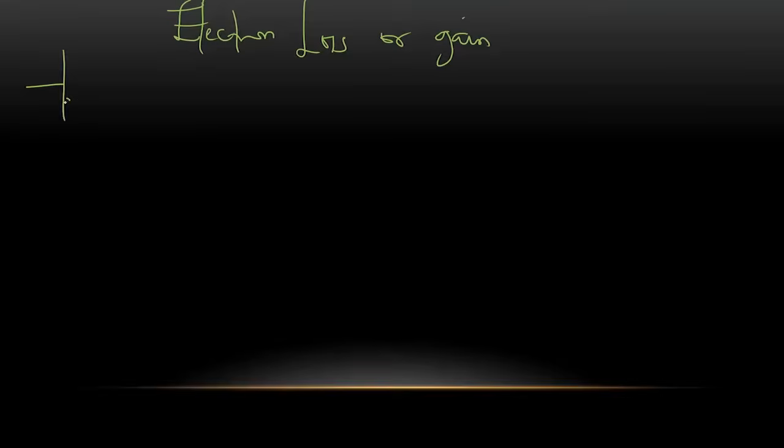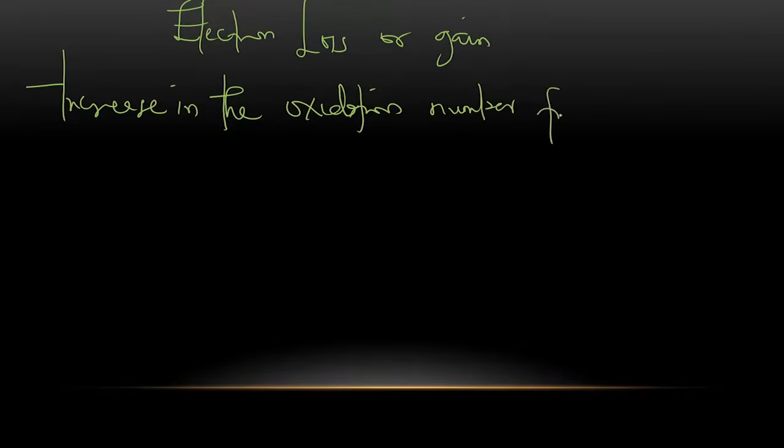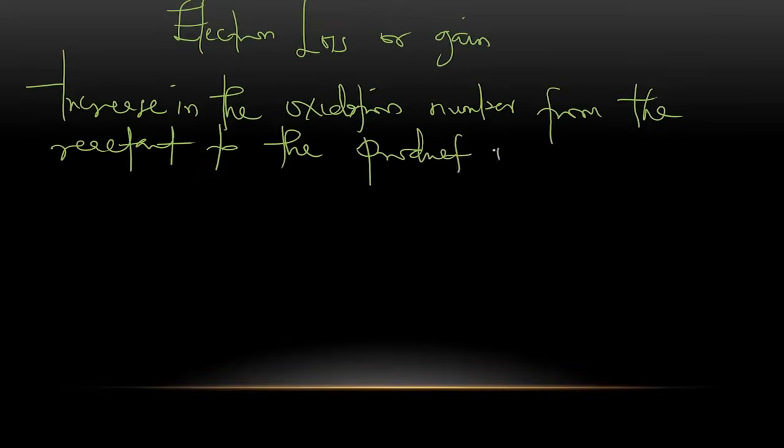How do I know a substance is undergoing oxidation? Now, an increase in the oxidation number from the reactant to the product is what? Oxidation. The product shows oxidation.